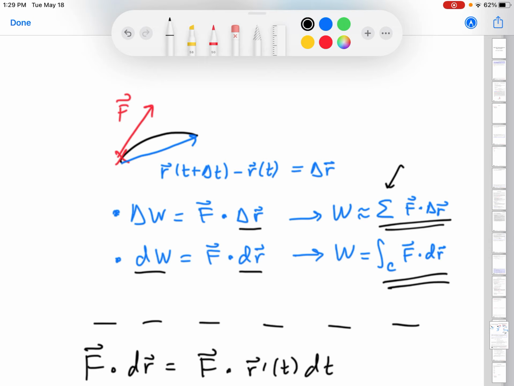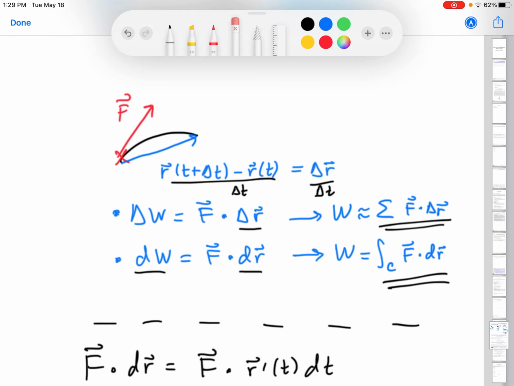I'll do that in a second, but first let me go back very quickly and show you another notation that we're going to see in this definition. Remember that delta r here is this difference, r of t plus delta t minus r of t. If I divide both sides by delta t, then I get delta r over delta t.